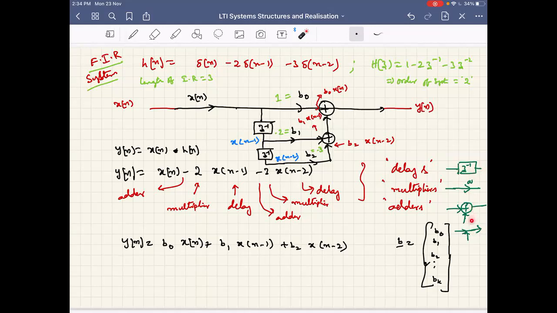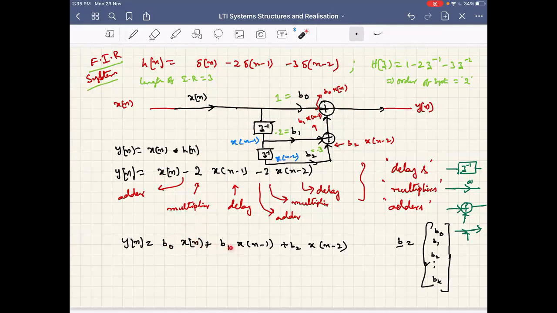Now let us see how exactly we should organize these delays, multipliers, and adders to get the output y of n from x of n. When you have x of n, what is needed is that x of n has to be multiplied with b naught, which is done here: x of n into b naught, and in this example b naught equals 1.